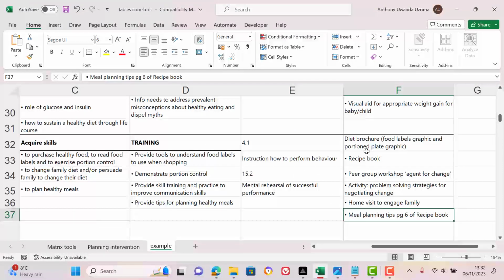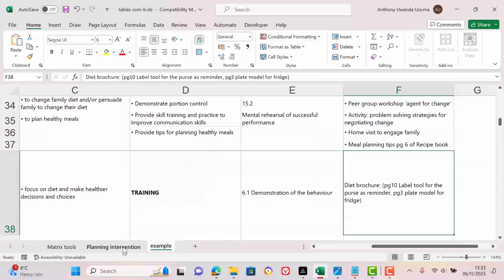Okay, I can't see anything about imagining here, but I'm assuming that mere planning tips can help them to imagine what a healthy diet looks like. So this is just a brief overview of how to do this practically.